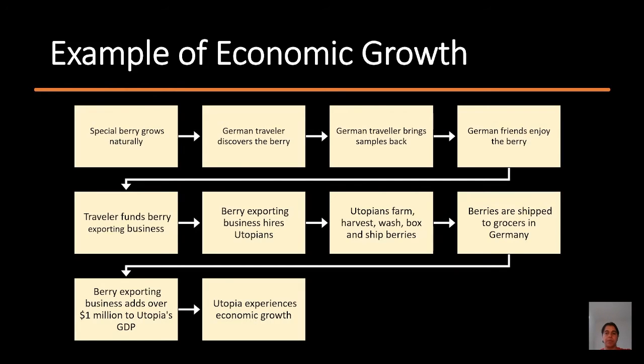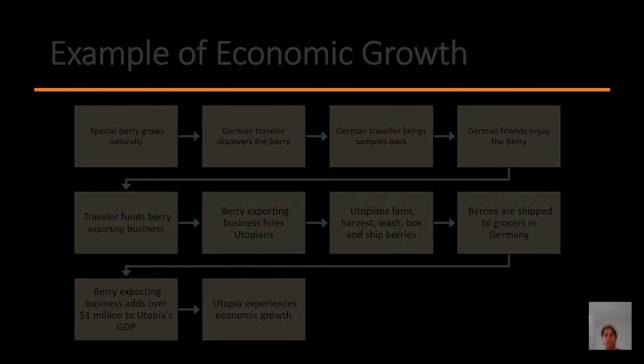In one calendar year, the berry exporting business added over $1 million to Utopia's GDP because that's the total value of the goods and services produced by the new berry exporting business. Since Utopia's GDP increased, this means that Utopia experienced economic growth.